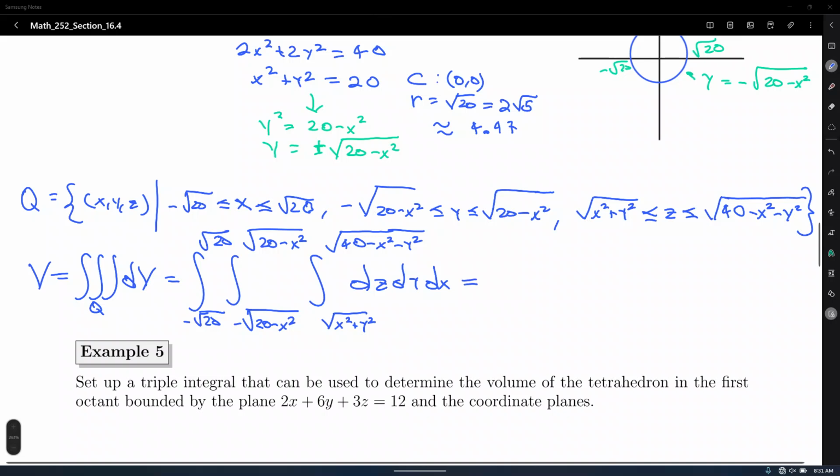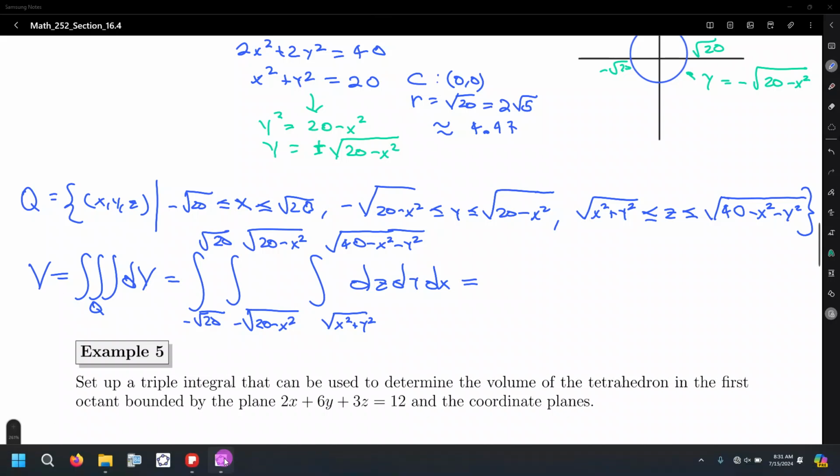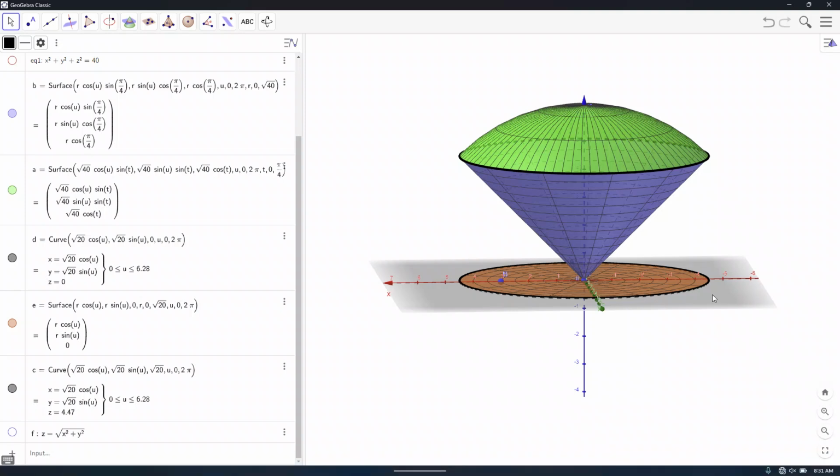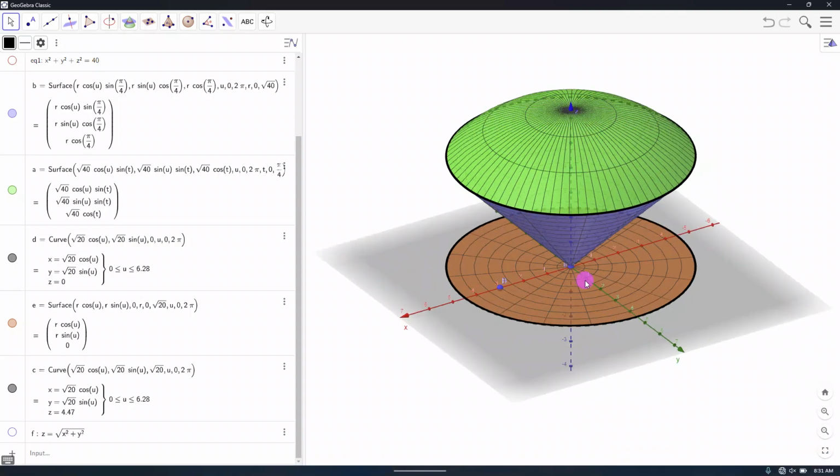Okay, so here is another way to rewrite this integral so that we can simplify some of the work. If we were to evaluate this triple integral, we could take advantage of the symmetry of the solid, because clearly there is some symmetry here.